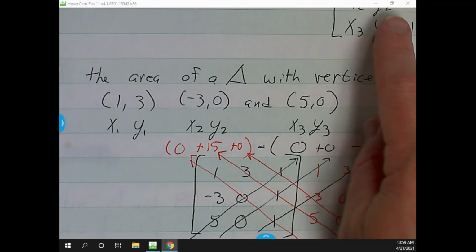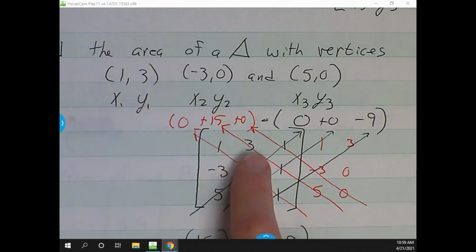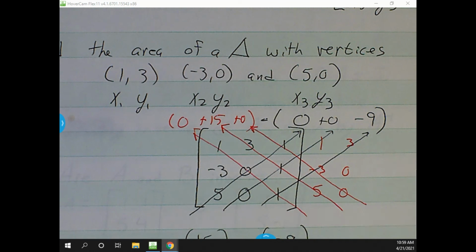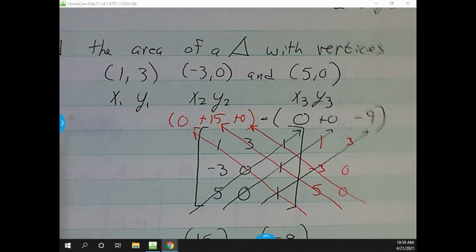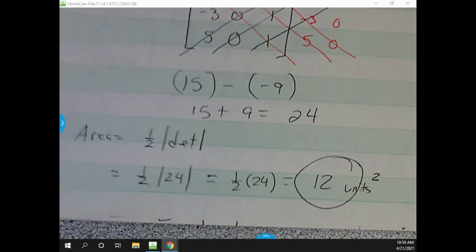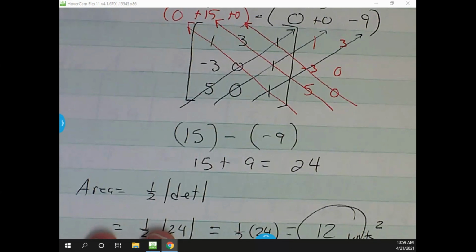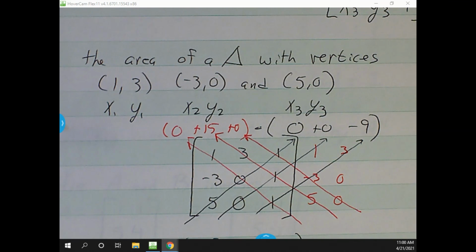You put your points in here: the first point, the second point, the third point. This one's all ones. And then you go through the formula and set it up, and then you can find out what the area of that triangle is going to be without having to know any other formulas. So it has some applications that you can actually use in life if you're working with triangles and trying to find areas of triangles in different shapes. So.